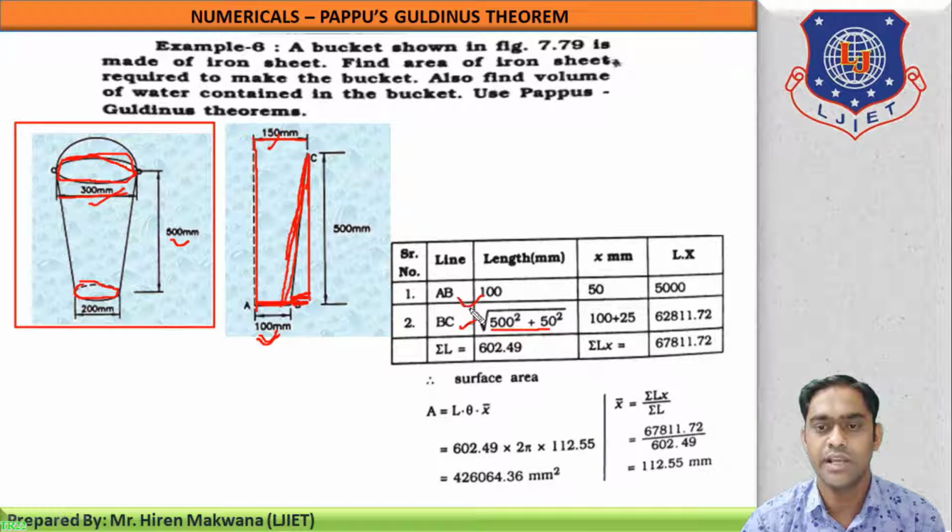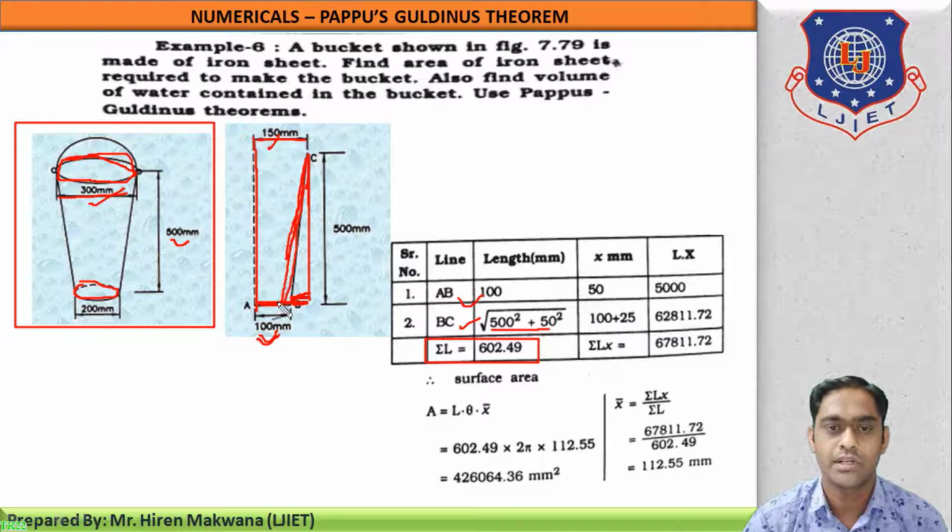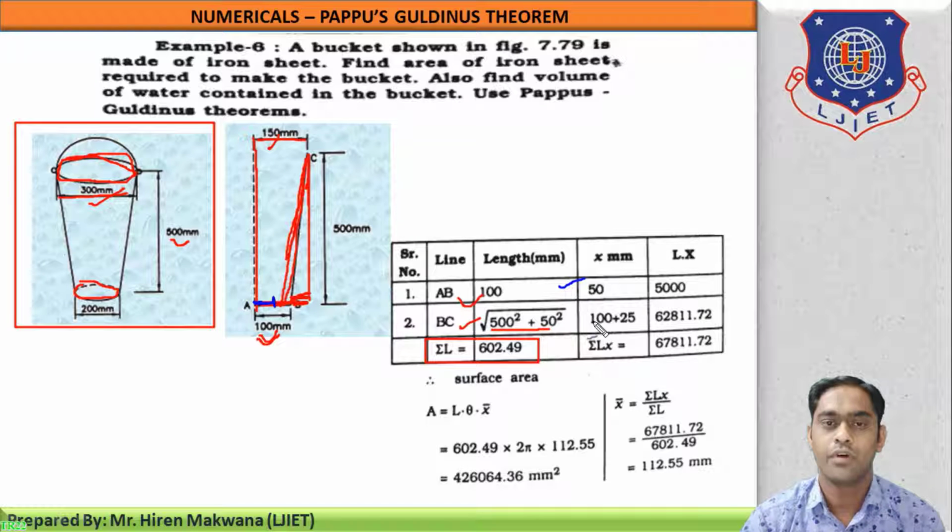By adding these two lengths, we will get sigma L, the summation of both the lengths. Now, where is the CG of this particular part? For the horizontal line, CG will be at this midpoint. From the rotational axis, it is measured as half of 100, which is equal to 50. Now, for BC, meaning this inclined line, CG will be at the midpoint.